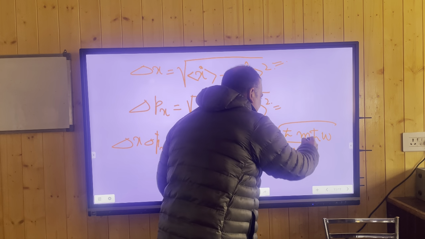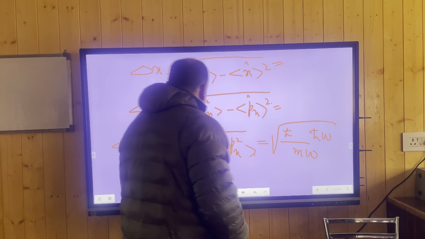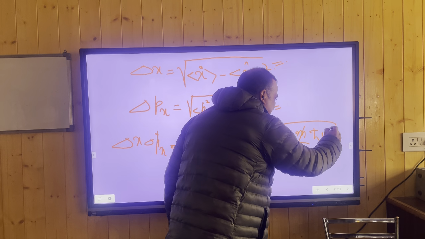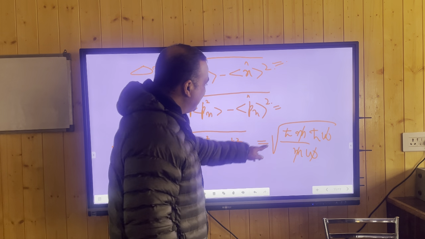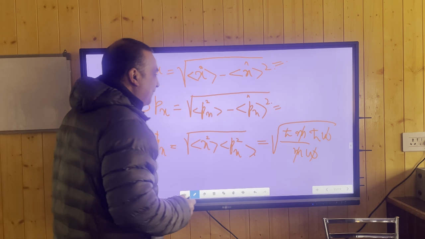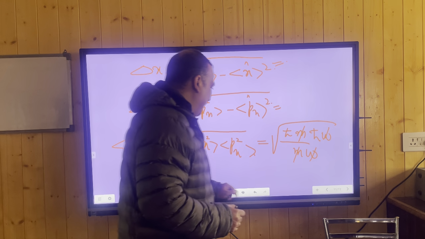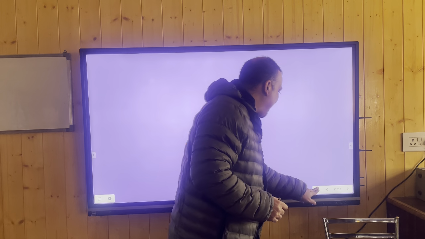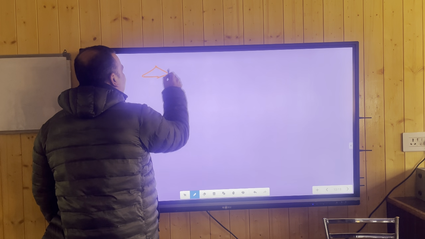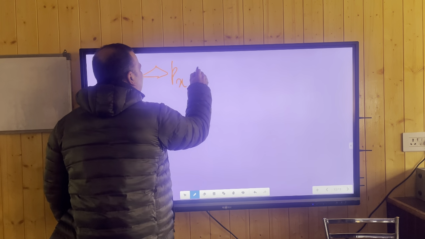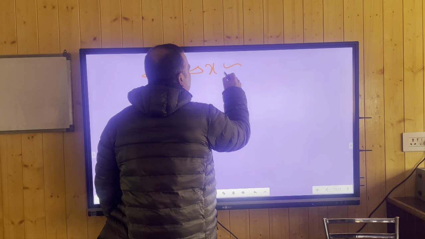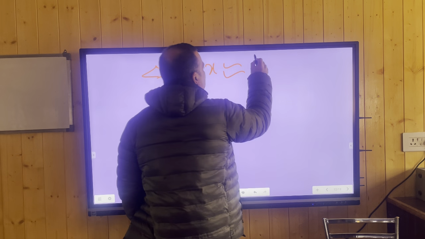So here you have m, this m and m will cancel, omega will cancel. So you will have h bar whole square, and the square and root will cancel. So what you will have here is your beautiful uncertainty principle, delta px times delta x is nearly equal to h bar.